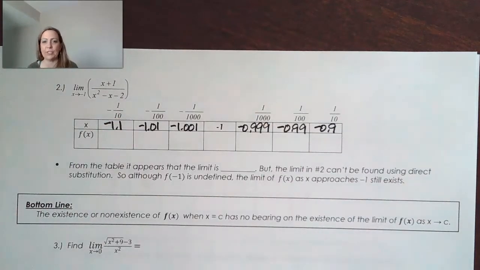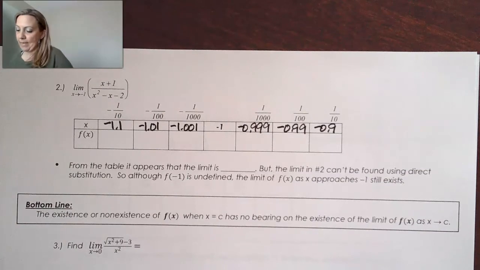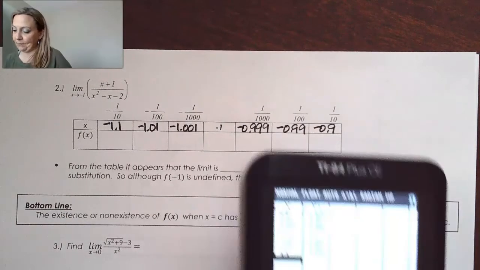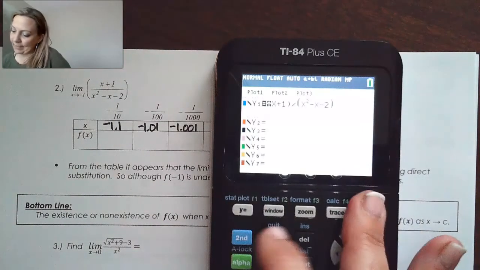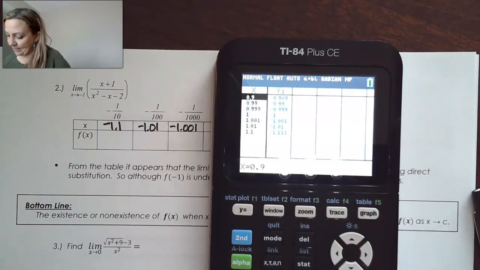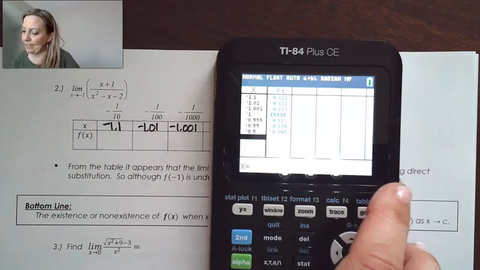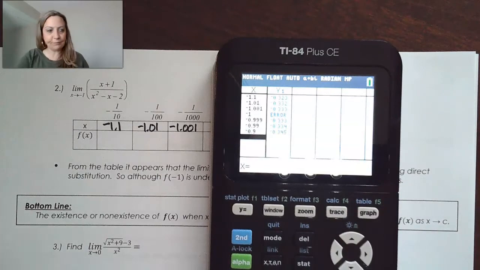Basically we're just trying to get closer and closer to negative 1 in this case. I can keep the function the same, and now I just want to change the values in my table. Okay, and we can fill these values in.